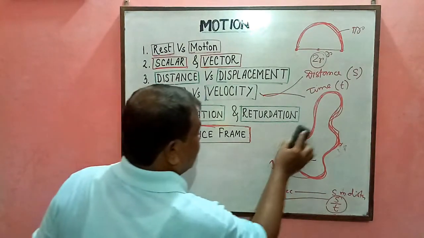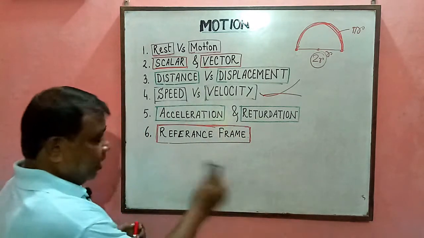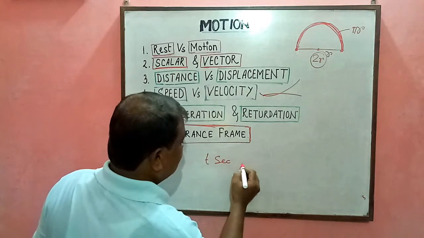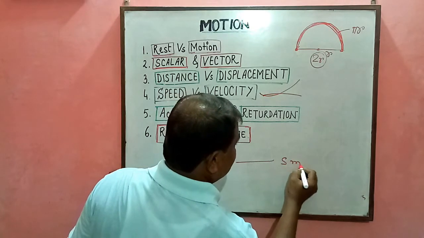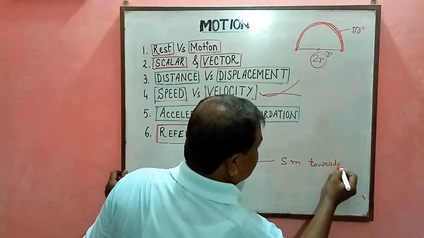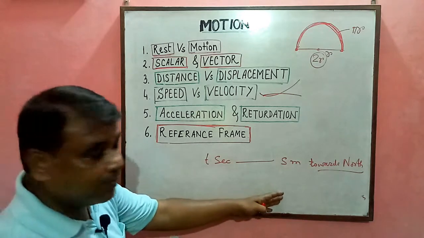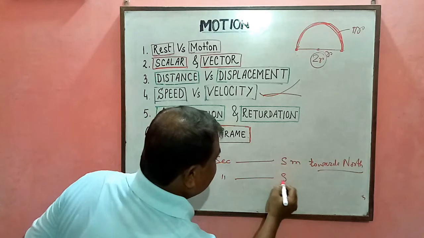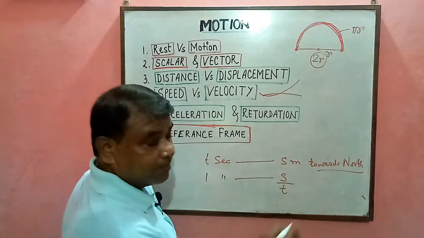So again, if an object covers, in t seconds, let's say s meters of distance towards the north, in a particular direction, that means distance traveled in per unit time in a particular direction. This is called your velocity.